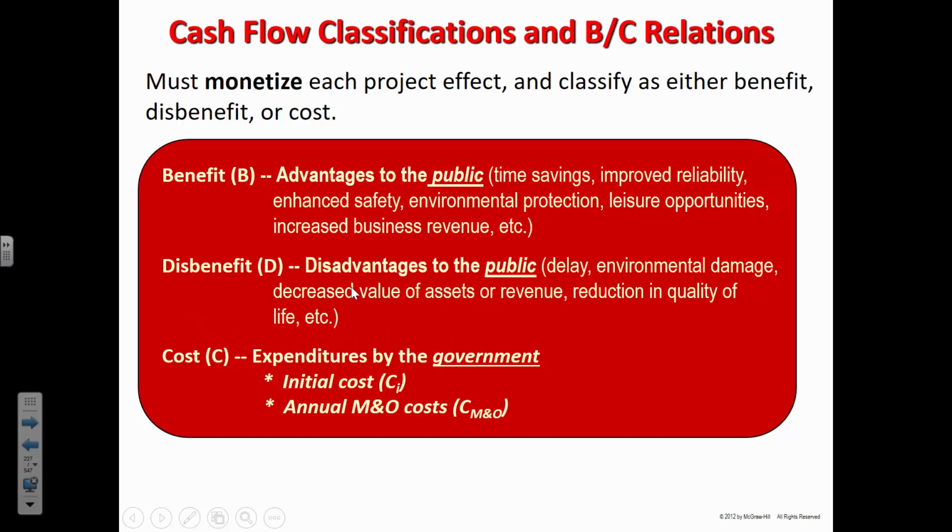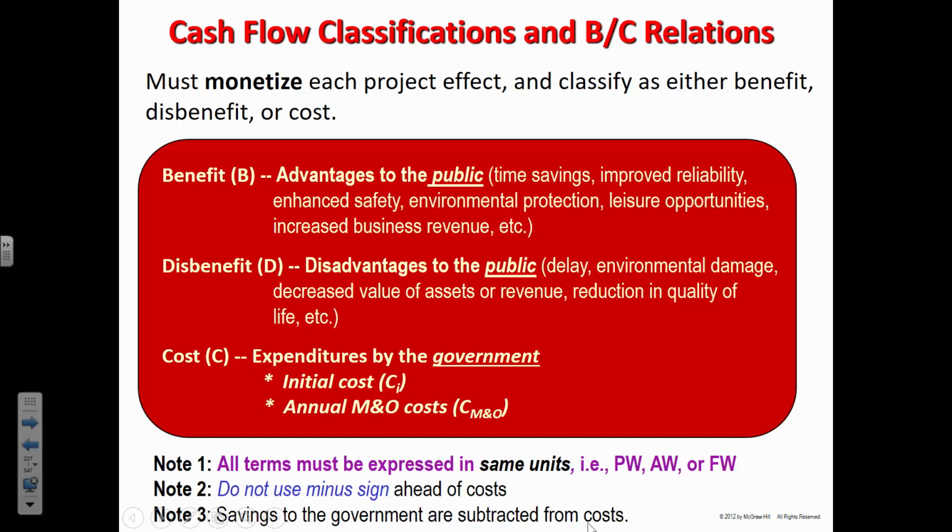And so disbenefits include environmental damage, delay during construction, reduced quality of life. If there's more noise because an interstate goes through your backyard suddenly, then you'd be experiencing the disbenefit. So you maybe would have a share of the benefits, but you'd have a disproportionate share of the disbenefits.